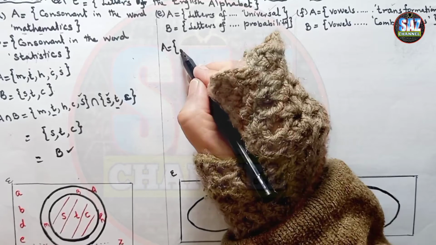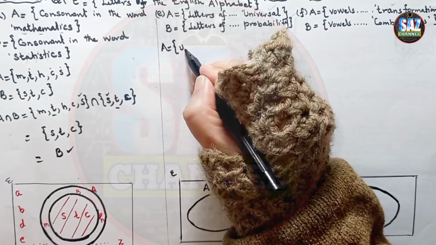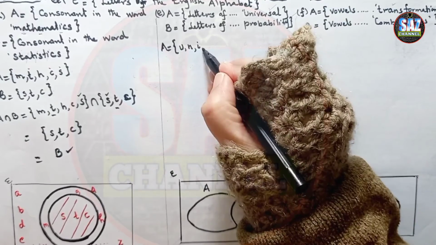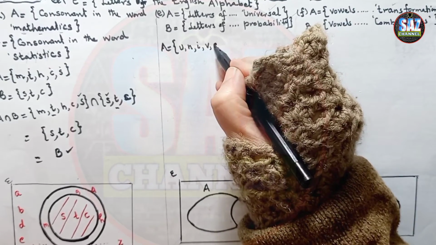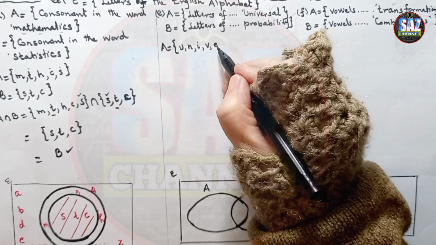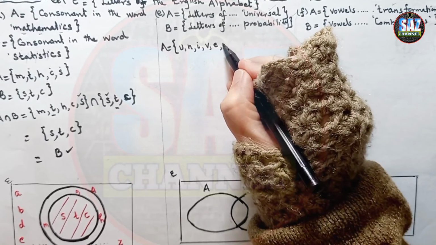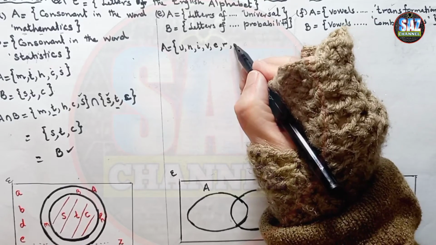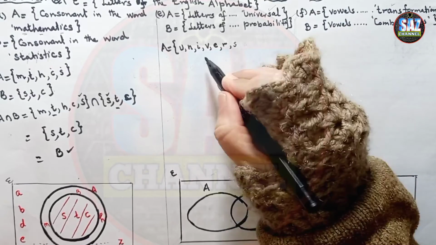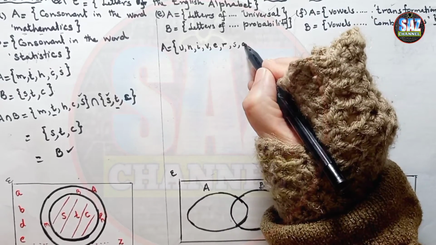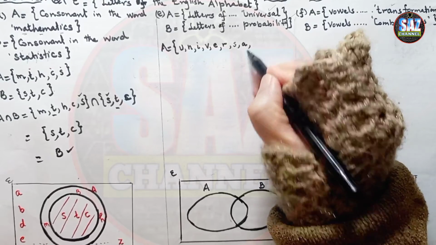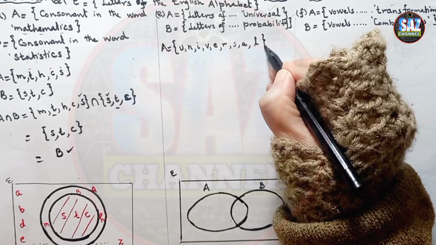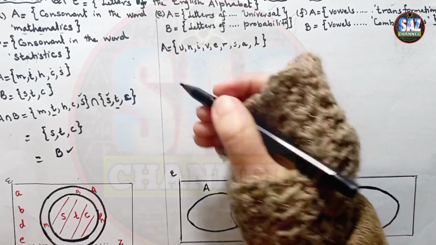So U, the first letter will be U, then N, I, V, E, R. No letter is repeating, so I have to write all the elements. S, A. If any element is repeating, then we will not be writing that element again, because the set has to be well defined.